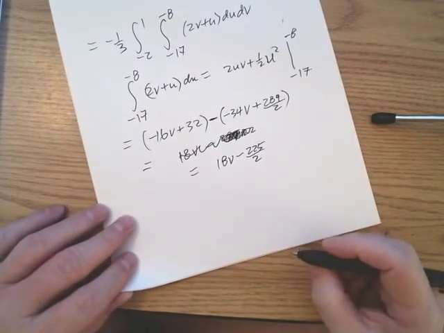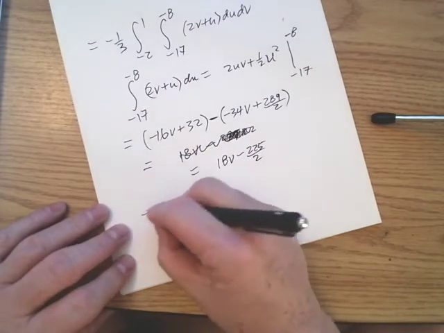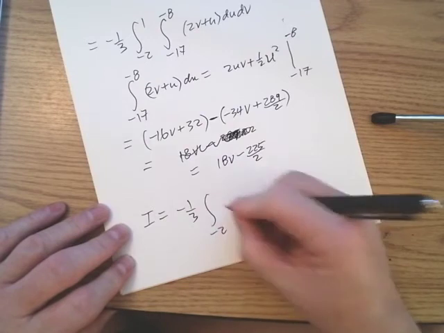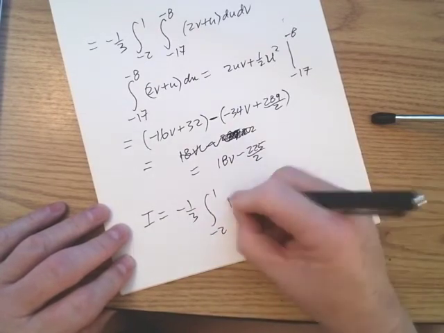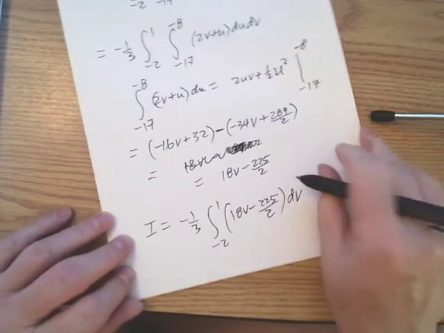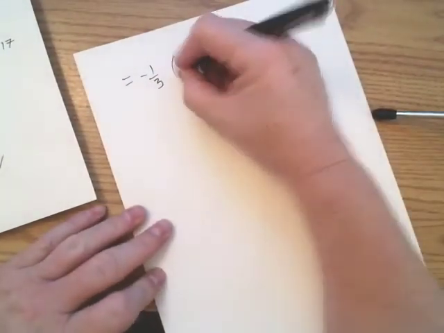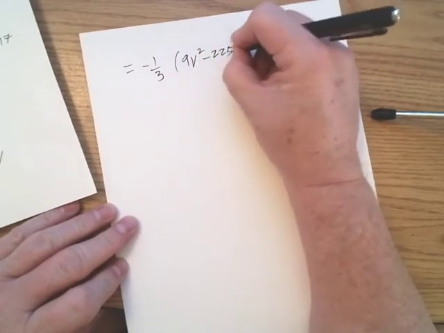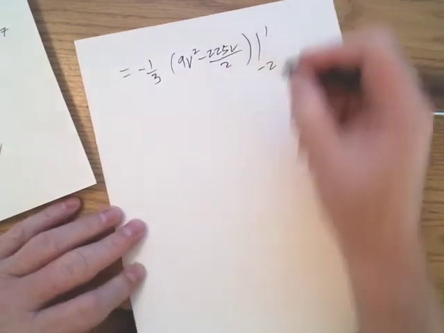All right. Then we've got to integrate that with respect to v. So I is going to be negative 1/3, integral from negative 2 to 1, 18v minus 225 over 2 dv, which is equal to negative 1/3, 9v squared minus 225v over 2, going from minus 2 to 1.